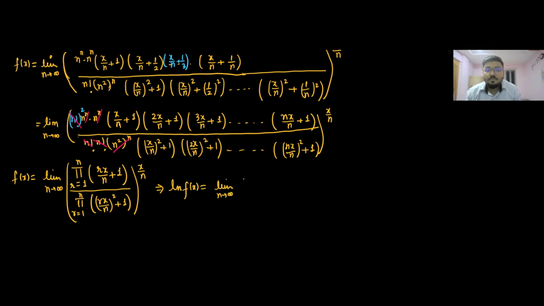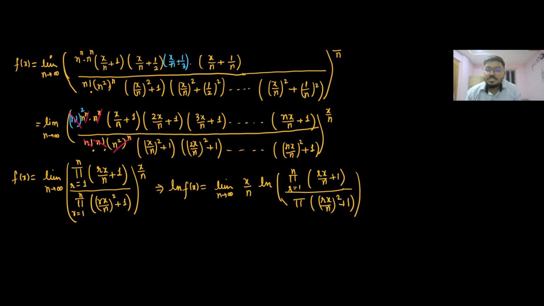Upon taking log, the power x by n is coming as a coefficient, and we are left with this ln of product r equals 1 to n, ln we are having, so this is (rx by n plus 1) divided by product of ((rx by n) whole square plus 1).